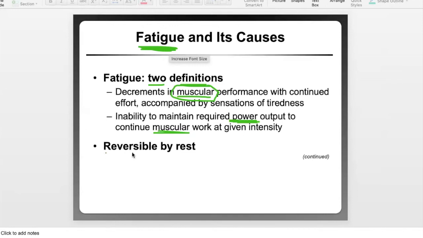Fatigue is oftentimes reversible with rest, and that's a big difference between fatigue and maybe injury. So rest here is an incredible and hugely valuable part of training.